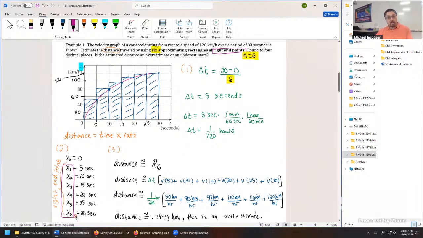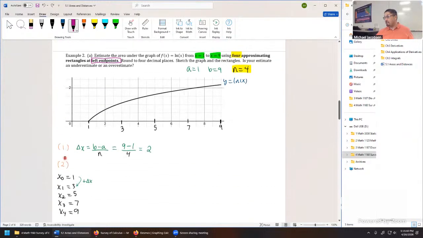We end up on the rightmost point on the boundary of the domain. If you say left endpoints, this whole rectangle kind of just goes like that. That's what left endpoints look like. You use the leftmost endpoint instead of skipping it, like when you use right endpoints. So on right endpoints, you skip the leftmost endpoint.